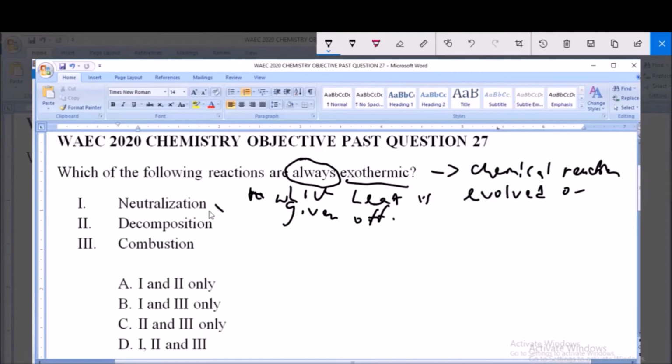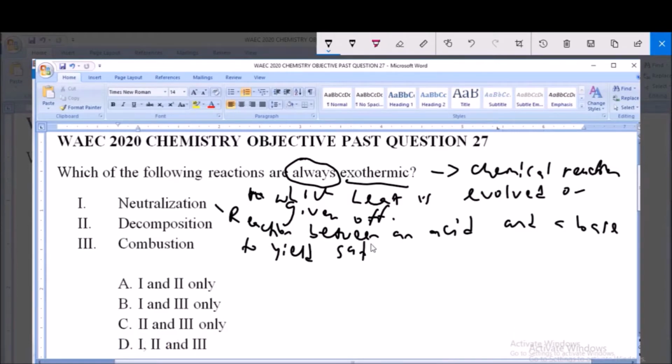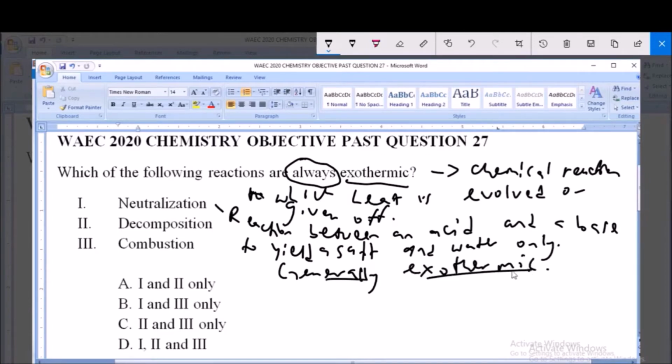reactions given to us. So neutralization reaction is a reaction between an acid and a base to yield a salt and water only. Now, neutralization reactions are generally exothermic.